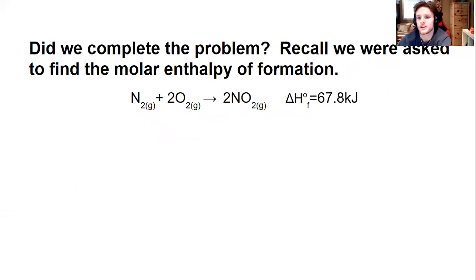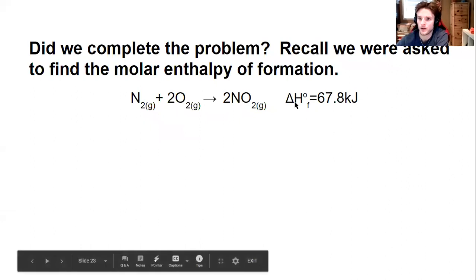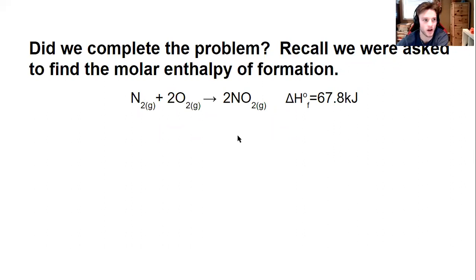That means we want the enthalpy of formation for 1 mole. And let's look at our equation here that we got. So what was formed here? The formation of nitrogen dioxide. And this 2 in front is our 2 moles of nitrogen dioxide.